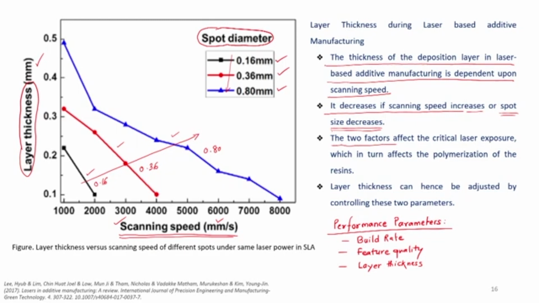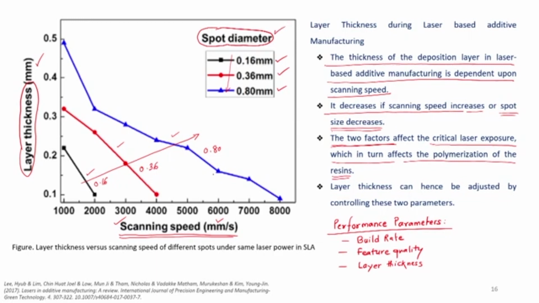So, these two factors, which factors? The speed and the spot diameter, they are affecting the critical laser exposure, which in turn affects the polymerization of the resins. So, the speed, that is the interaction time, it decides, and the area of the interaction, that is decided by the spot diameter.